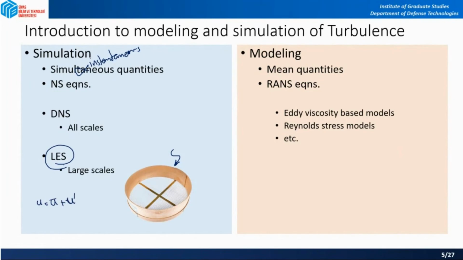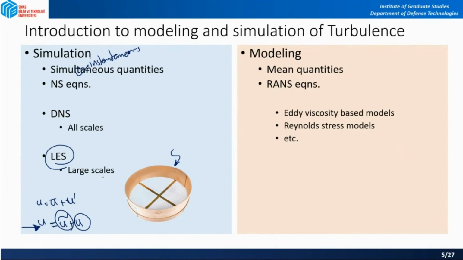In LES, again, you will write your U as a larger field plus some smaller field, and we will talk about this. So it is again the summation of the large eddies and smaller eddies, but this time you are writing everything based on the instantaneous velocity or instantaneous field.